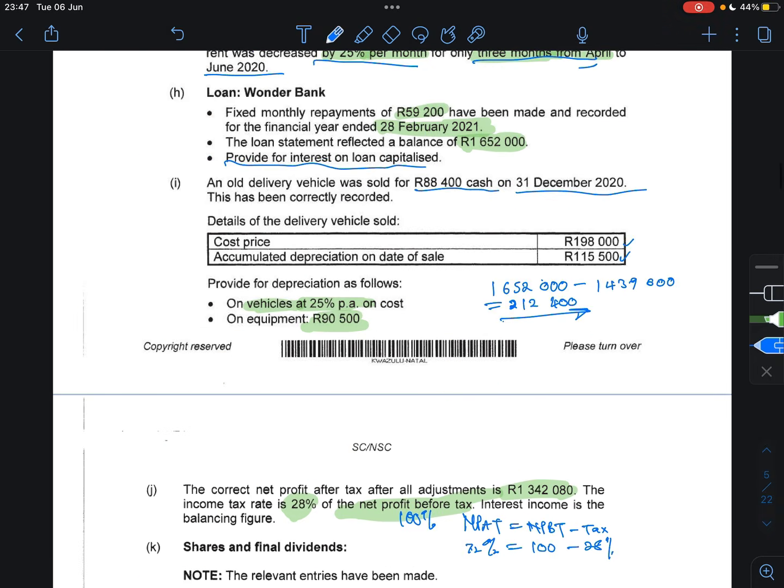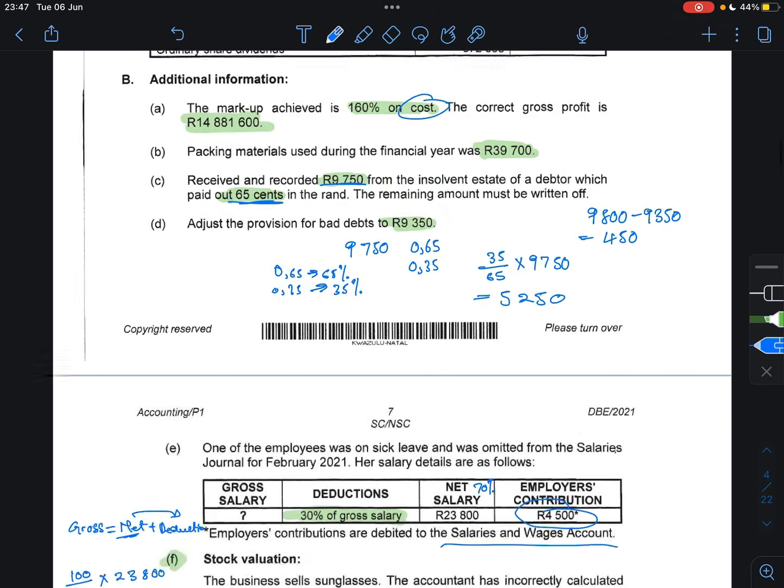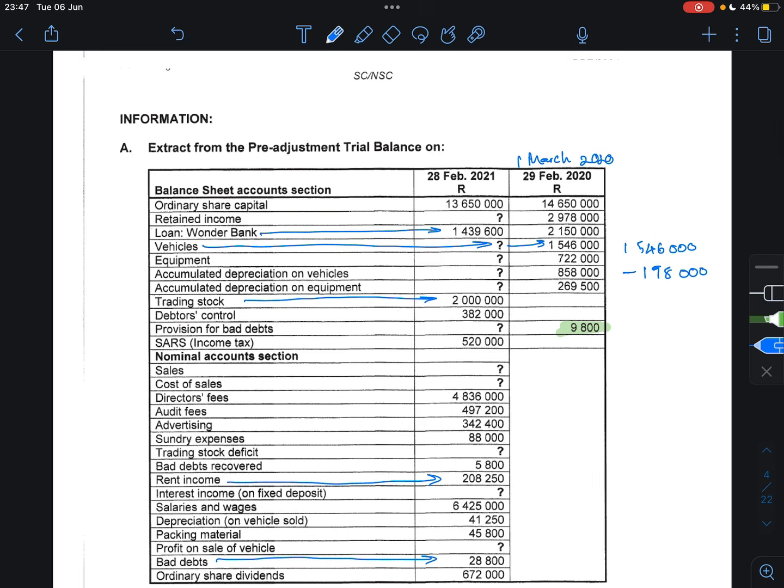We were given the cost price. So we also were given your opening balance, but you are not given your closing balance. So to get your closing balance, you take what you had, you subtract what you have sold, and see what you have left. So it's 1,546,000 minus 198, and then I'm just recalculating to ensure that we got the correct amount.